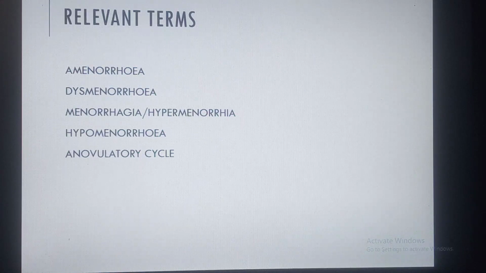Now we expect that normally your menses should be from about 30 mils to about 80 mils, but some females may bleed more than 90 mils, and in such a situation we call it hypermenorrhea or menorrhagia. Then if you bleed less than, let's say, 20 mils, then you are suffering from hypomenorrhea.